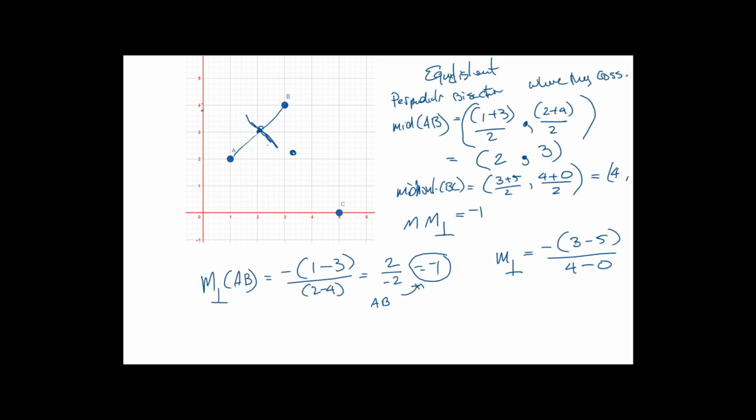So negative 3 plus 5 is positive 2, and 4 minus 0 is 4, which is 2 over 4. Sorry, it shot off the screen there.